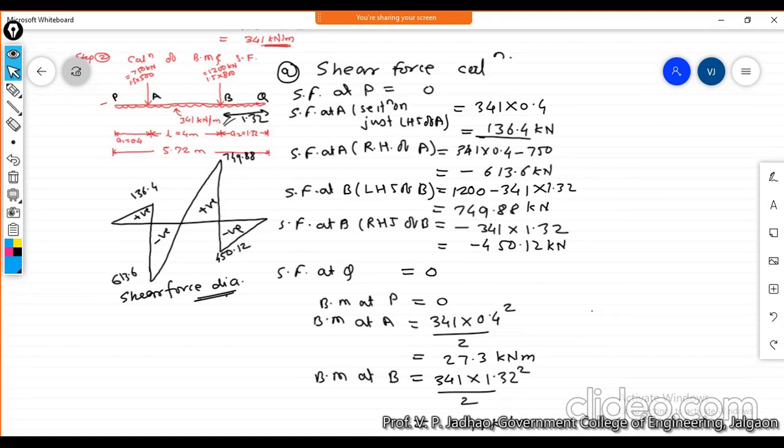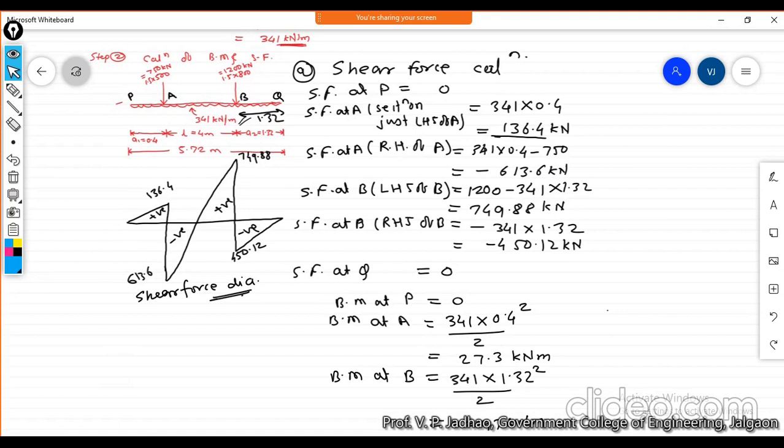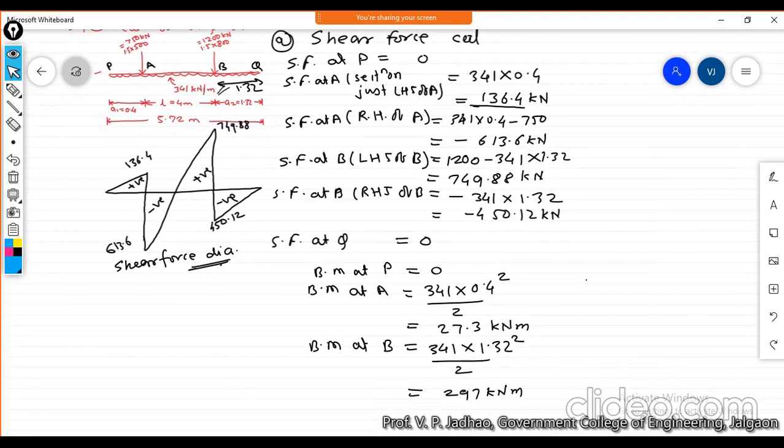Okay, this is our shear force diagram, and the bending moment diagram will be something like this. At point A we have bending moment 27. It will be a parabolic line.